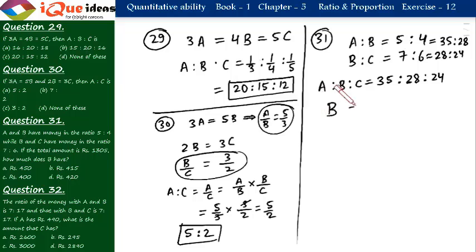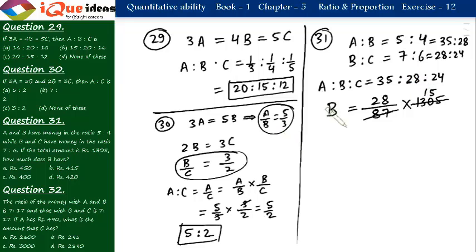So B's share would be equal to 28 divided by 35 plus 28 plus 24. If you add them, it will be 87, into the total amount, which is 1305. If you see closely, 87 will cancel 1305 15 times.